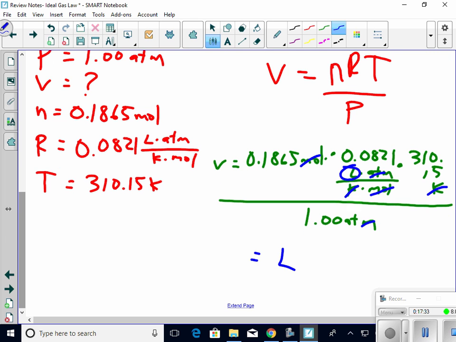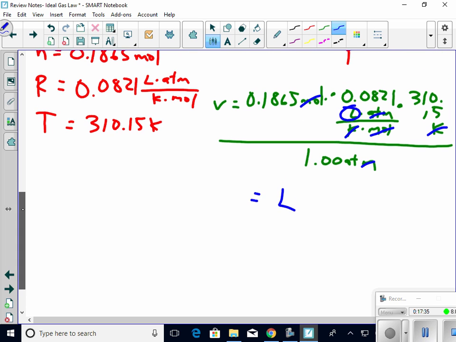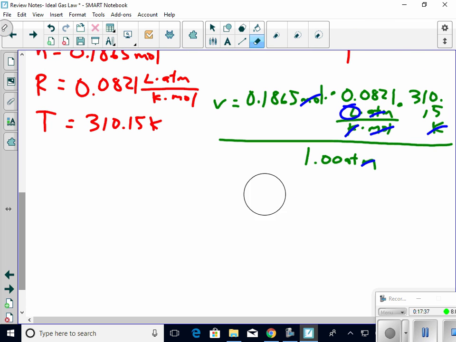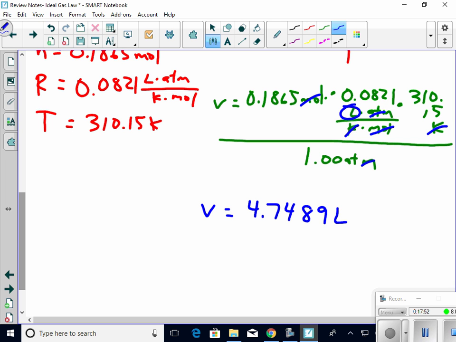As I go through and do my calculation, my math came up with my volume is equal to 4.7489 liters, but I need to sig fig that.